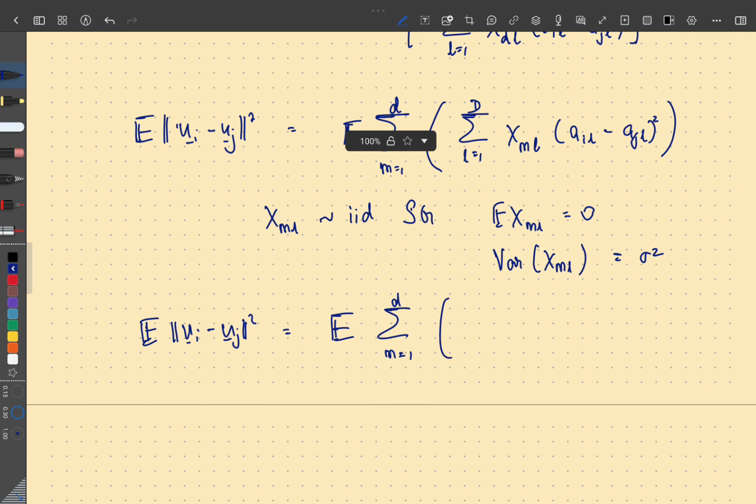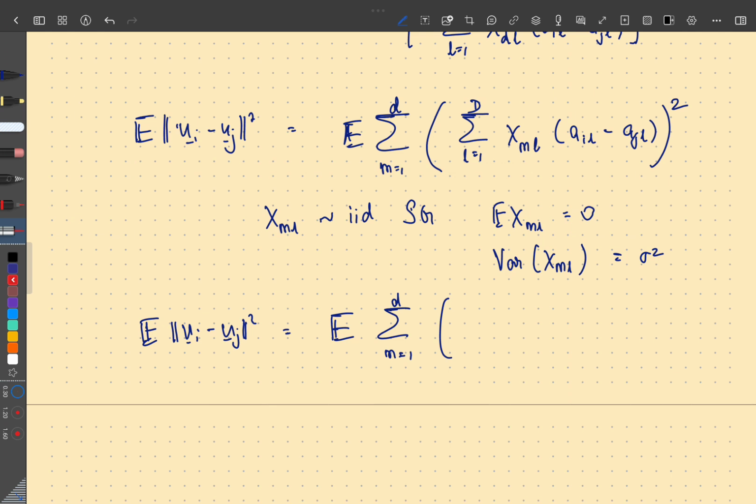Note that if each X_{mL} is a zero mean random variable and all of the X_{mL} are independent of each other, then, I'm sorry, it should have been squared, this random variable summation L equal to 1 to d X_{mL} times (A_{iL} minus A_{jL}) the whole square is the expression for the L2 norm square.